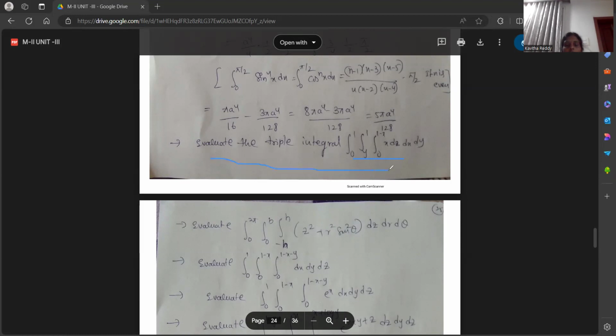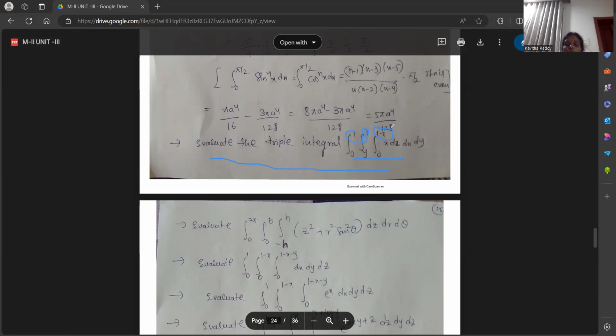Observe: 1 minus x is there, and x is in terms of x, so integrate with respect to z, then with respect to x, and at last y.